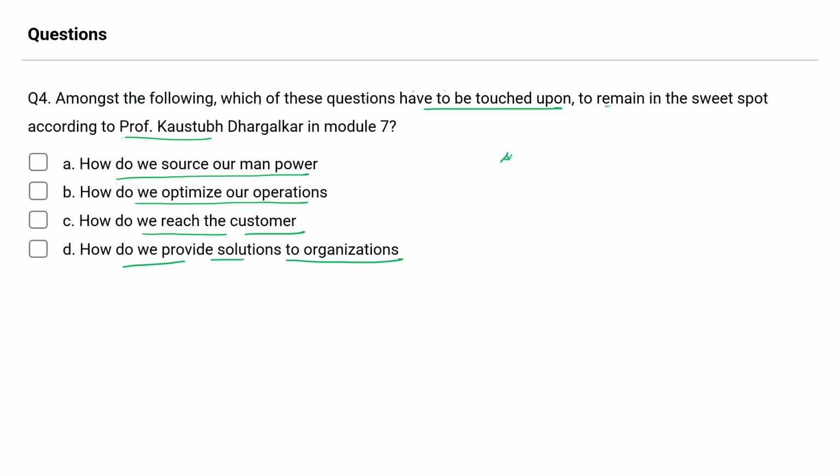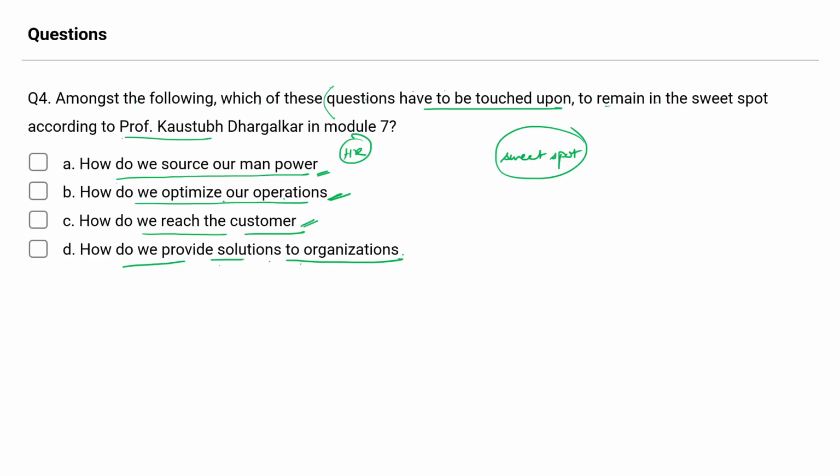So we are talking about the sweet spot. Sweet spot means it's like the safe spot, right, where you get work, you are managed well, and everything is running smoothly and correctly. That is what the sweet spot is. So in order to be in the sweet spot, what questions have to be touched upon? How do we source our manpower, which is the HR, human resource? How do we optimize our operations? How do we reach the customer?